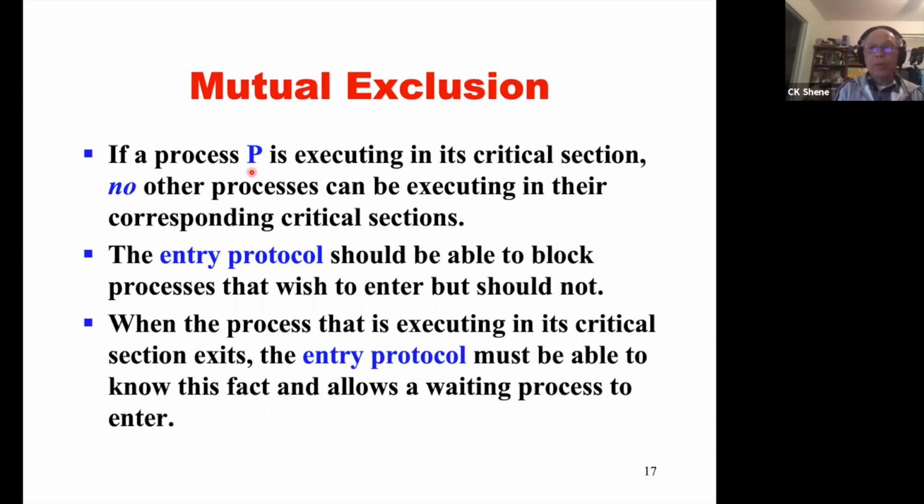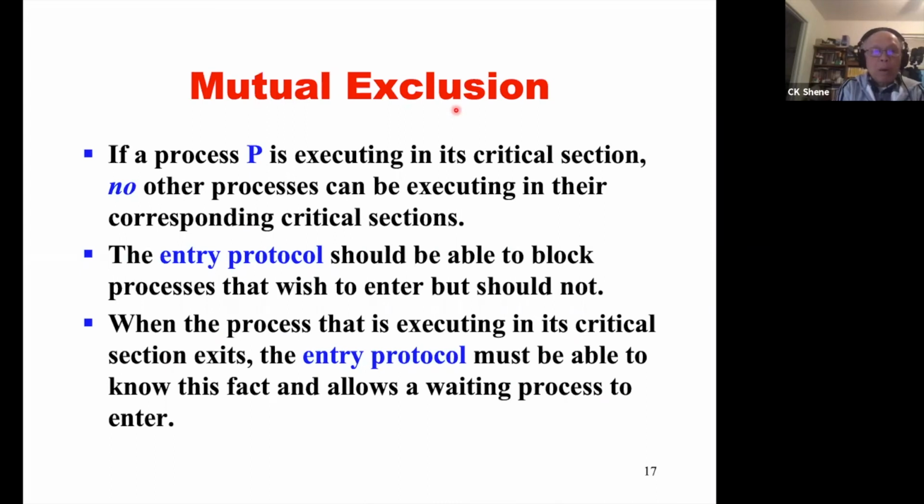So let's review each of these three conditions. First of all, let's re-examine mutual exclusion. It means if a process P is executing in its critical section, no other processes can be executing in their corresponding critical section.